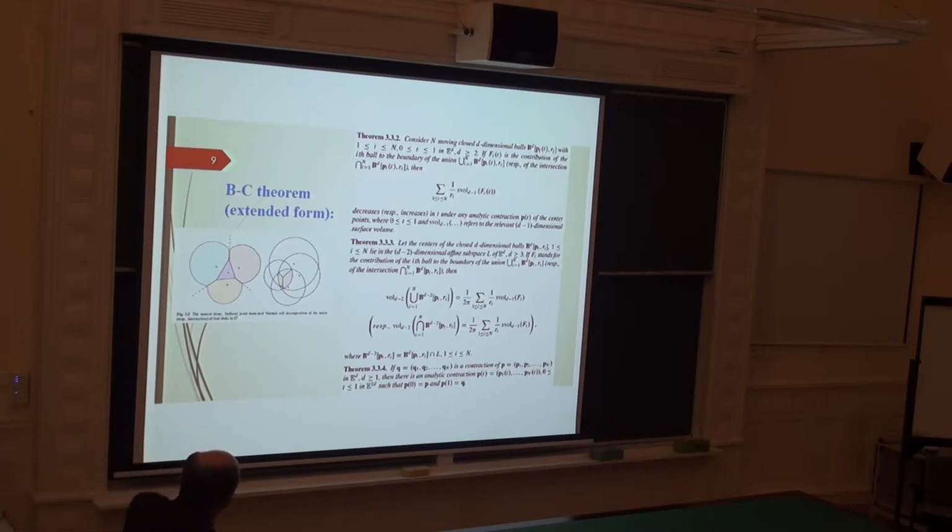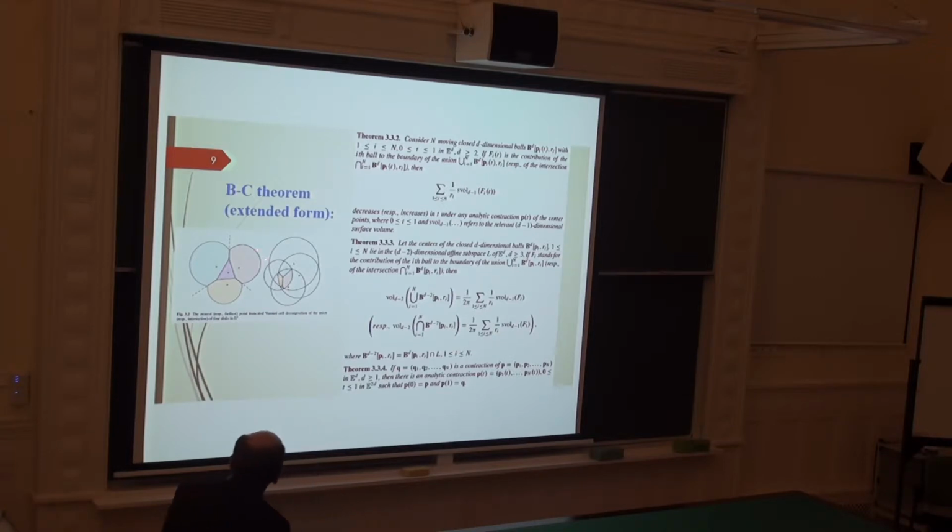So just very briefly, we'll show it here, just to indicate what kind of idea we use for the proof of the planar result. The first thing is that we have an analytic contraction in action here in this first part of the theorem. P of t is an analytic contraction.